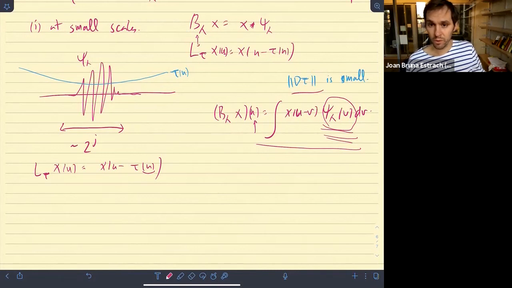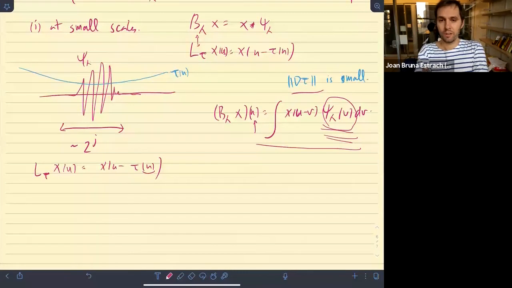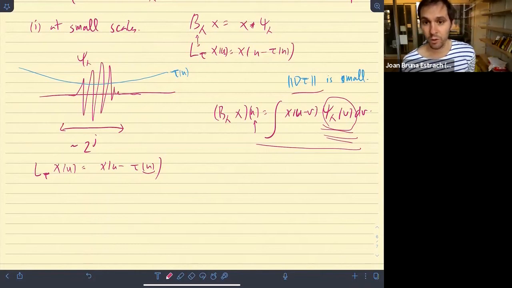Because the wavelet is a convolution. So if the scale of the wavelet is very small, I can already see why this commutation error will be small. Just because for the purposes of this particular filter, the only thing that I extract from tau is that within the support of the filter, I have a good approximation as being constant, right?